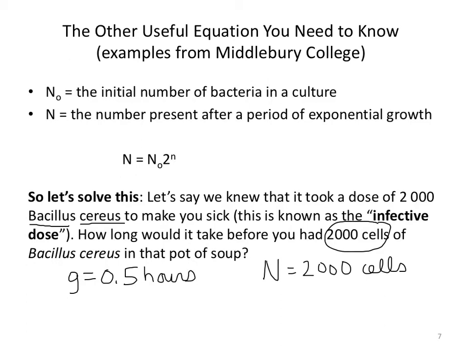We also know the initial cell population from the previous question. We know N naught. It's 100 cells. And what we're trying to solve for is T. Okay, so that's our situation. Let's think about how we would approach it. So in this question, you want to solve for T.